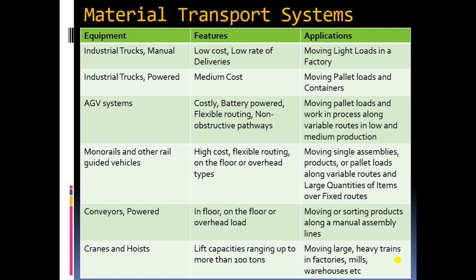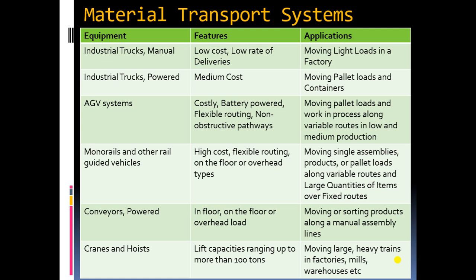Then conveyors, power, in floor, on the floor or overhead, moving or sorting products along manual assembly lines. Cranes and hoists have lift capacities ranging up to more than 100 tons, moving large heavy loads in factories, mills and warehouses, etc.